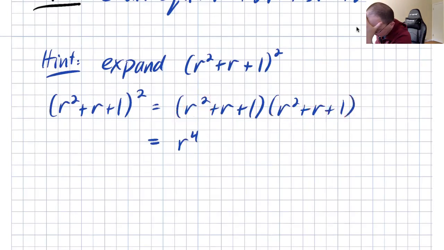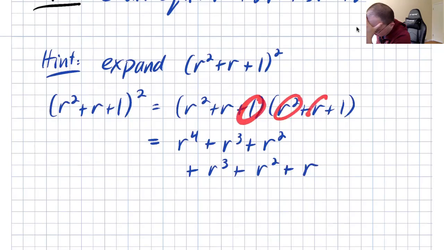So we'll get plus r cubed, plus r squared. And now we'll do this term: r times r squared, r times r, and r times 1. So that gives us r cubed plus r squared plus r. And then finally we do 1 times r squared, 1 times r, 1 times 1. And that will give us r squared plus r plus 1.